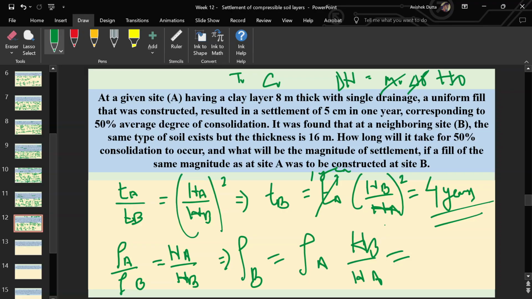What is rho A? It is 5 centimeter. HB 16 by 8, so 5 into 2, 10 centimeter. So it will take 4 years for the soil at site B to undergo 50% consolidation, and the settlement will be approximately 10 centimeter.